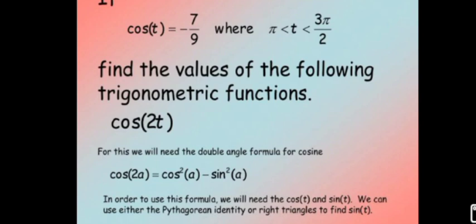Cosine of 2a is equal to cosine squared a minus sine squared a. In order to use this formula, we need cos t and sin t. We can use the Pythagorean identity or right triangles to find sin t.